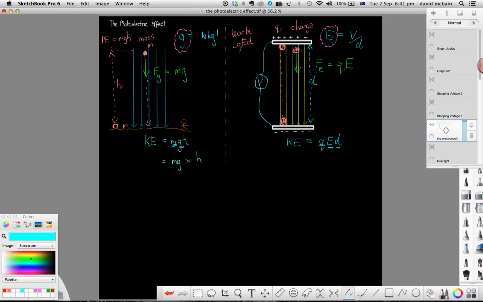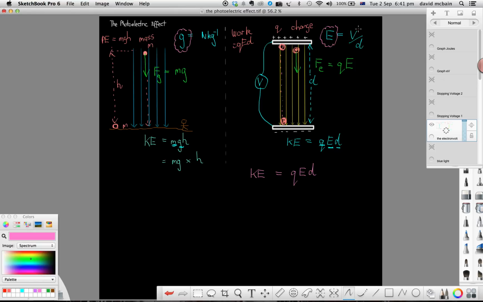Remember at the beginning, we said that the strength of the electric field is equal to the voltage between the plates divided by the distance. Well, let's run with that for a second. So, if the kinetic energy of our charged particle, as it's accelerated across the plates and hits the negative plate, will equal QEd. But we have already established that E equals V over d.